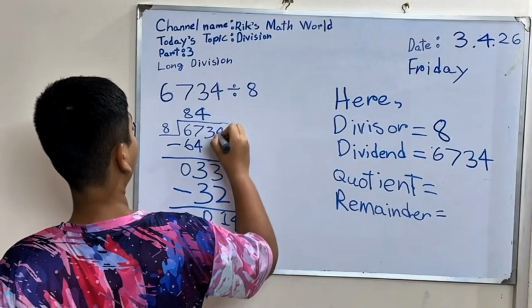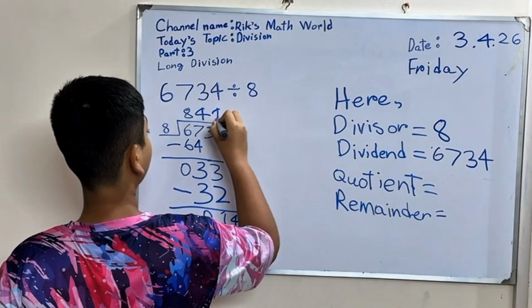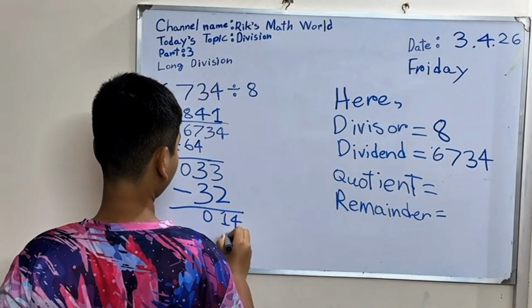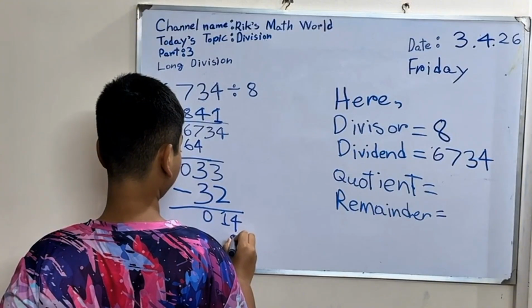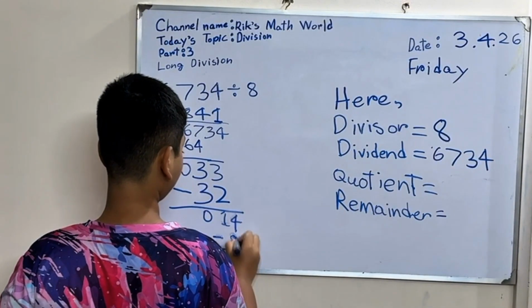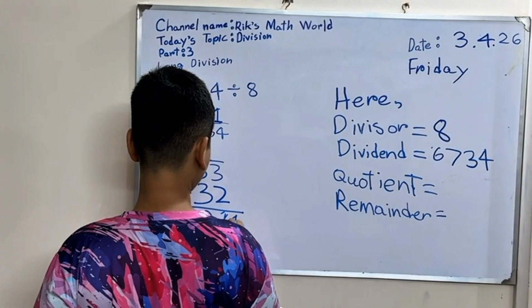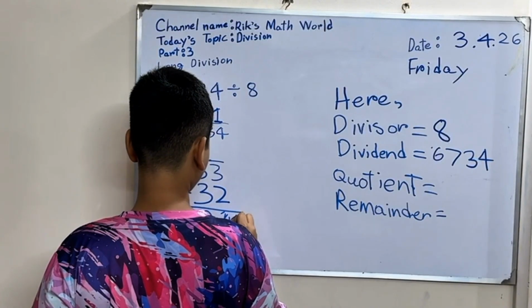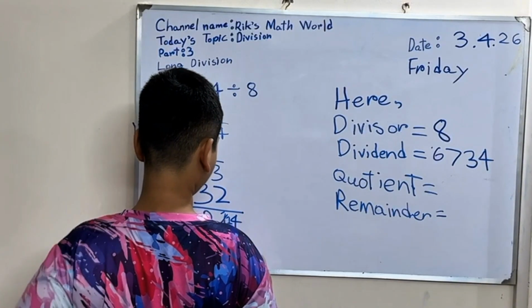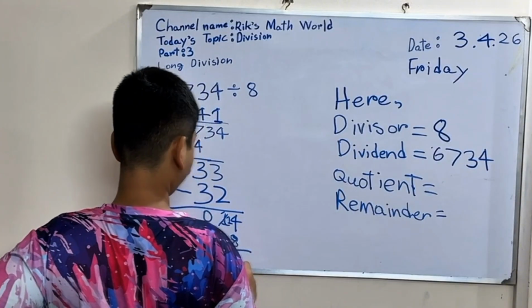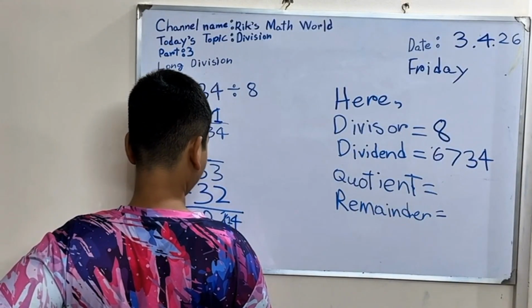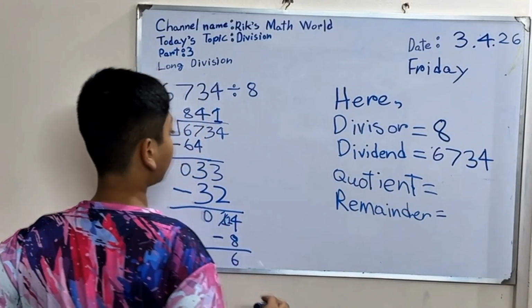So let's write 1 here and then 8 here. Now we will subtract. So we have to carry and it will be 14 subtracted by 8. 14 subtracted by 8 equals 6.